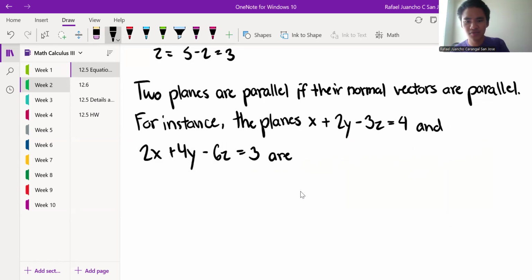And apparently these planes are parallel to each other. Why is that? Well, it's because their normal vectors are parallel.